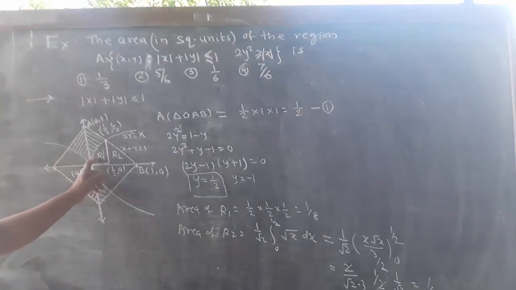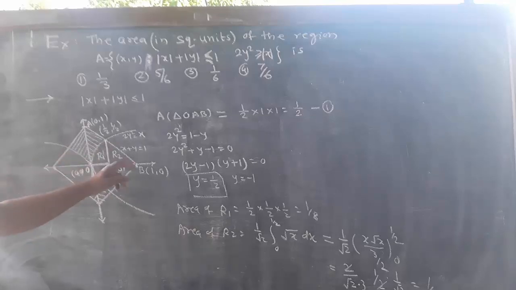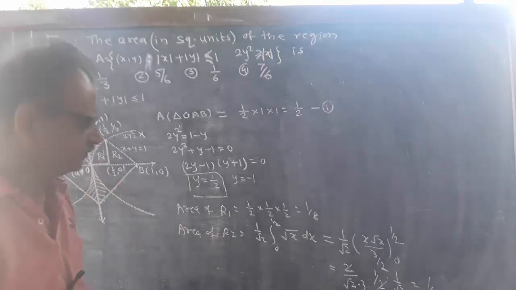Area of region R1 is 1 by 8. And the area of the triangle is 1 by 2.